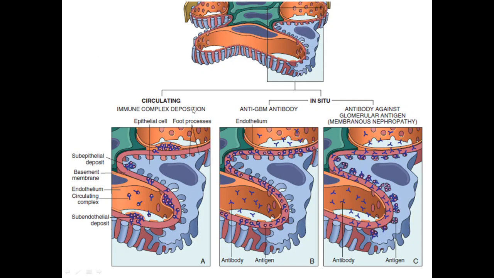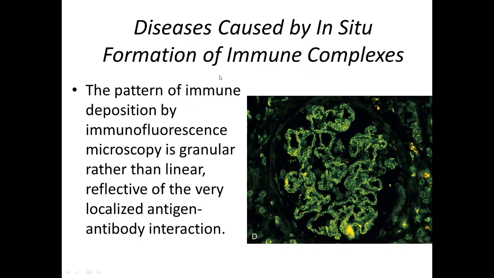I can show you some circulating form of immune complexes deposition. You can find it here subendothelial, yes, most of all subendothelial, and in situ development inside the glomerular basement membrane, and this deposition we can find too between the processes of podocytes like in situ fraction.